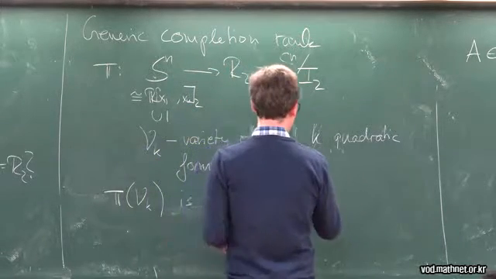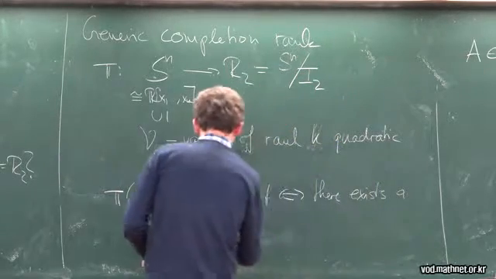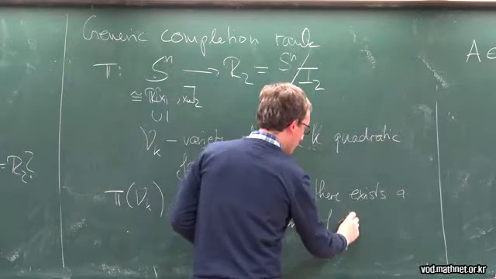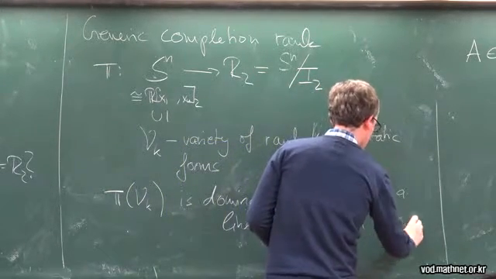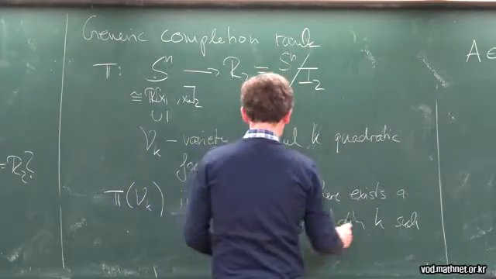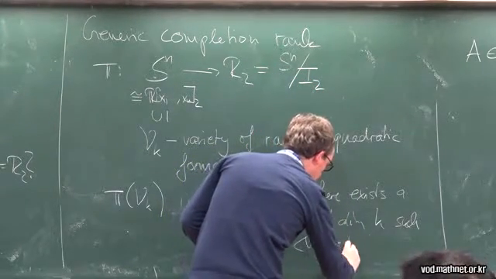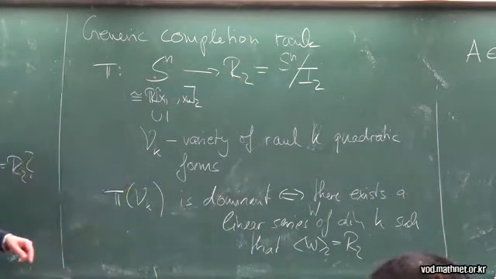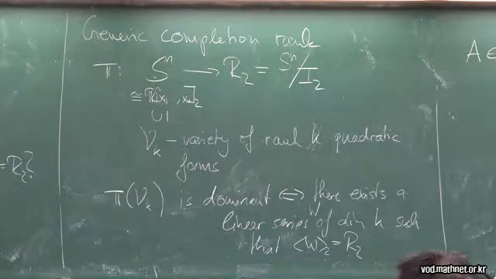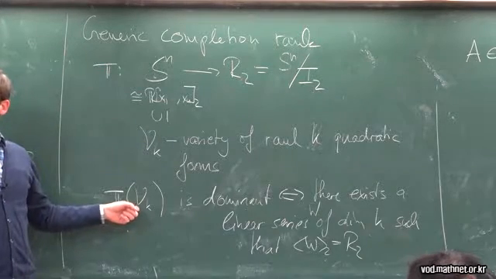If and only if there exists a linear series W such that W2 is equal to R2. So the smallest k such that such a thing exists is the smallest k such that this projection is dominant.